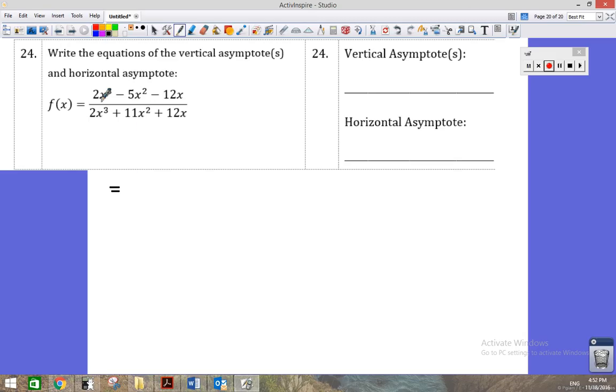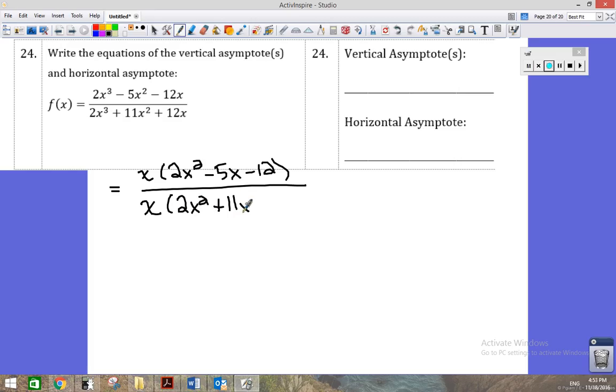So if I look at the numerator, I see an x is common everywhere, and I have 2x squared minus 5x minus 12. And in the denominator, I have an x that's common everywhere, and then I have 2x squared plus 11x plus 12. Alright, so I can probably factor this further. Let's look and see.